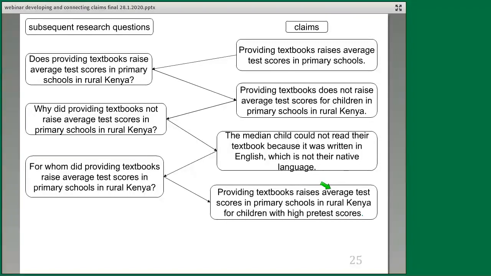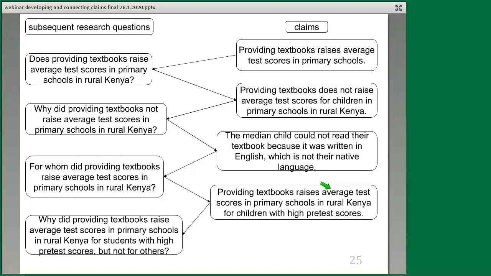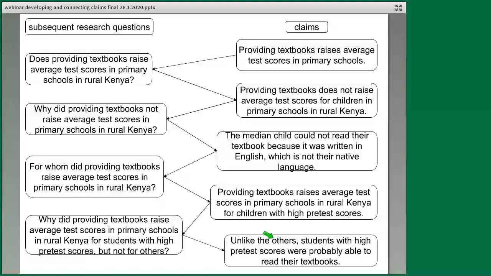The answer was it raised average test scores for children with high pretest scores. Then they asked, why did providing textbooks raise the scores for children with high pretest scores but not for others? And the answer was, unlike the others, students with high pretest scores were probably able to read their textbooks.